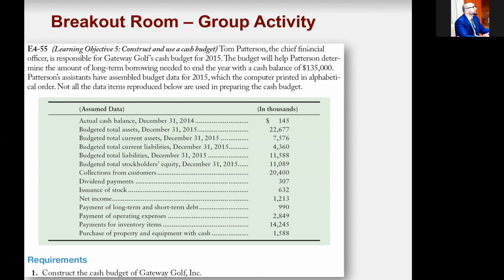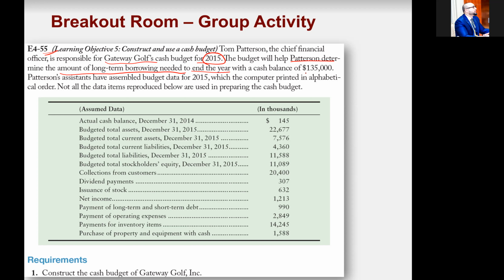Okay, class, welcome back after the breakout room activity. So we just finished the group activity. Let me read the question and then we will see its solution. So we have a question from your book. Tom Patterson, the Chief Financial Officer, is responsible for the Gateway Golf cash budget for 2015. The budget will help Preston determine the amount of long-term borrowings needed at the end of the year.